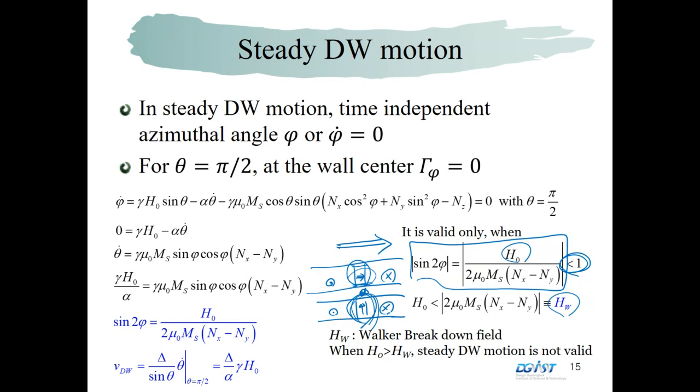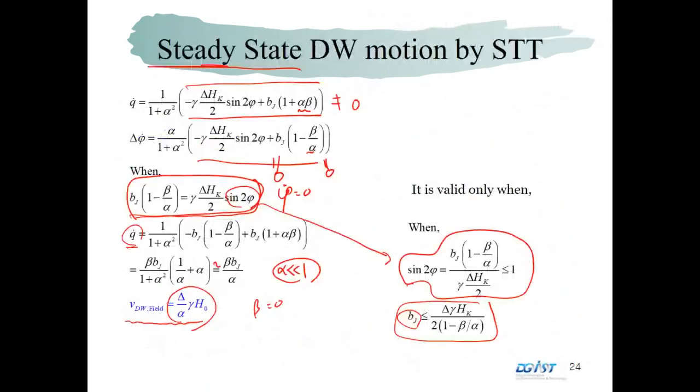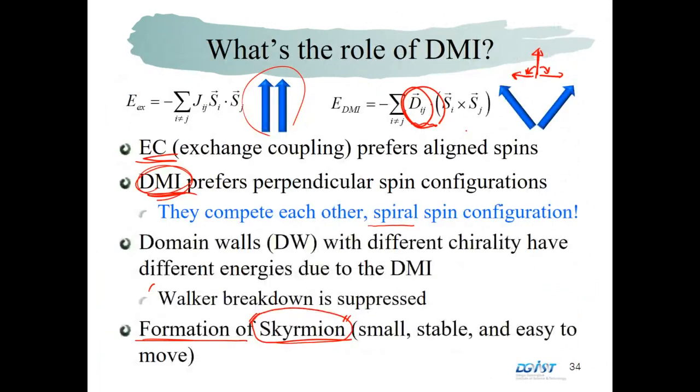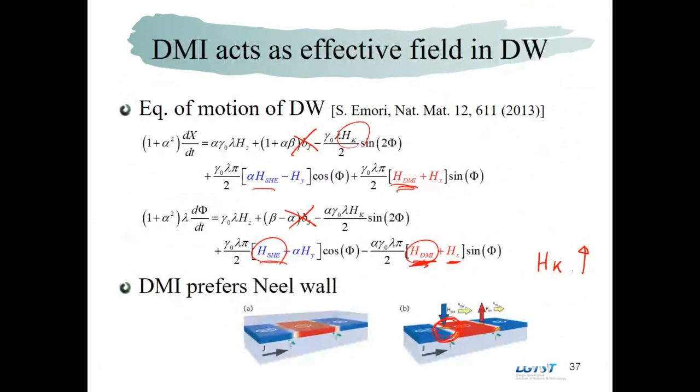Changgang, that's a good question. Let's go back to here. In this equation, you can see the effect of spin transfer torque, the effect of the spin Hall effect, and the DMI.